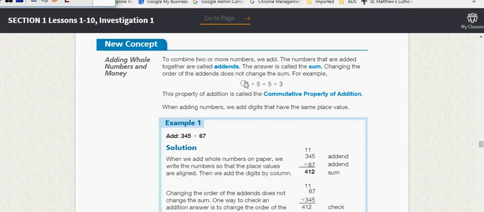So this number 3 right here is an add-in. We call it an add-in, being added, right? This is another add-in, the number 5. They're being added together to get a sum.